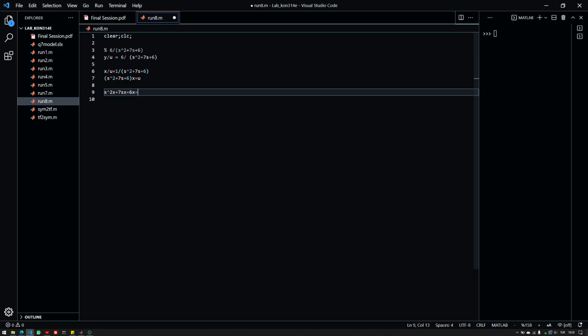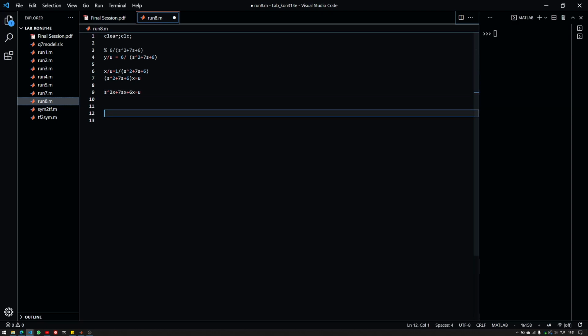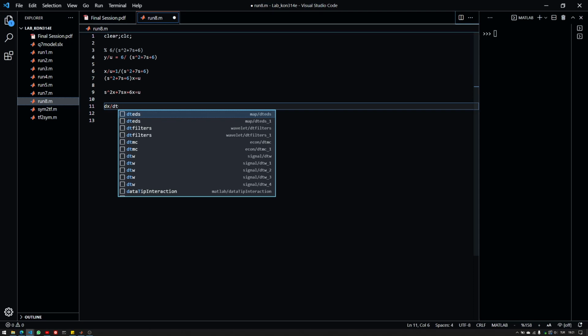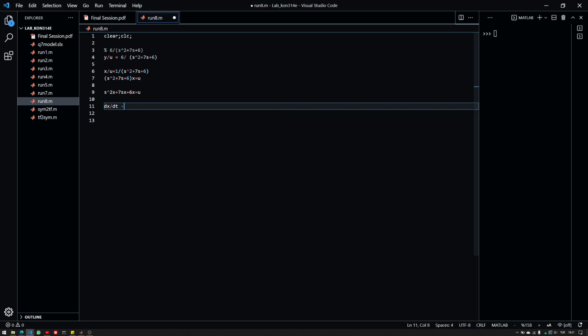Now, since we are in the Laplace domain, and since multiplying with s corresponds to taking the derivative, and since the transfer functions are defined with 0 initial values, because the derivative, for example dx/dt, in the Laplace domain corresponds to s times x minus x0.